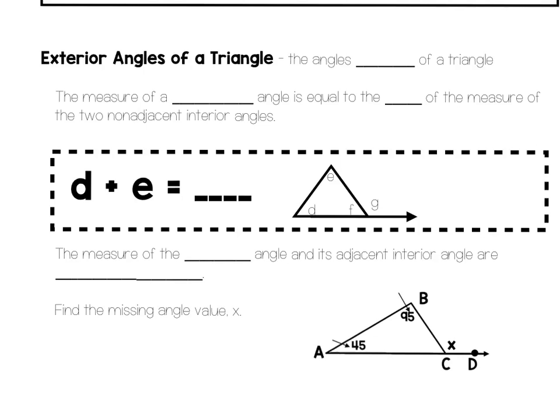Alright, so today we are going to talk about the exterior angles of a triangle, and these are the angles outside of a triangle. The measure of an exterior angle is equal to the sum of the measure of the two non-adjacent interior angles.